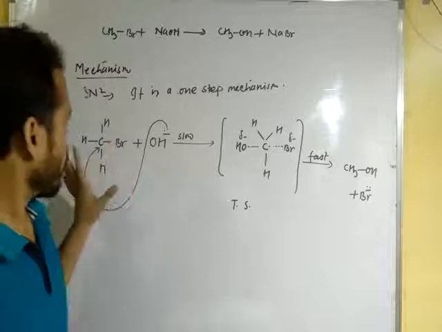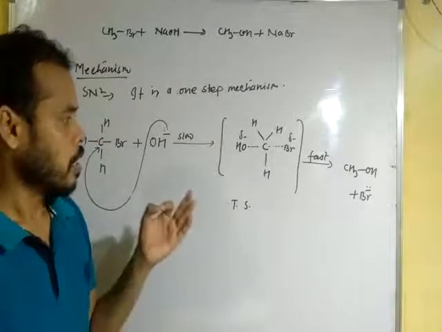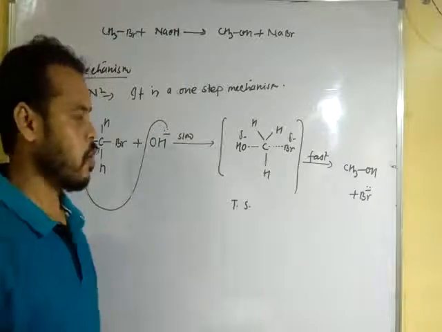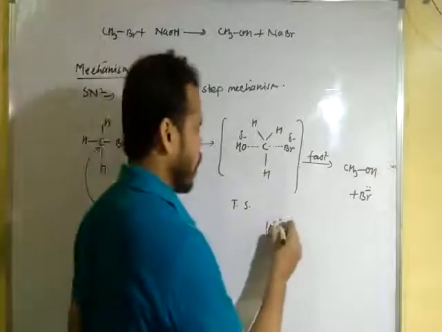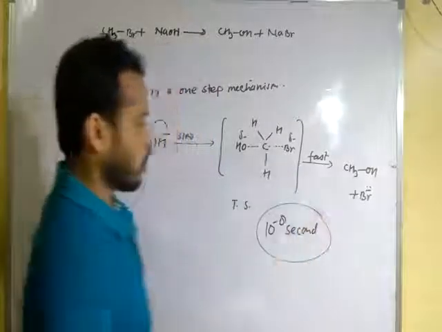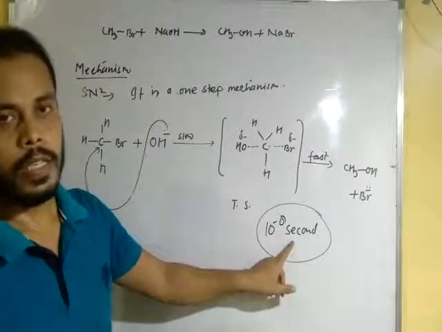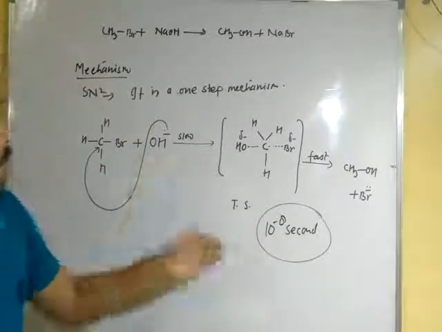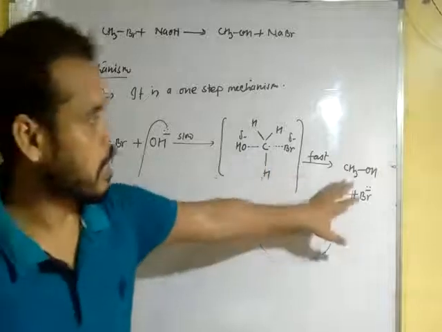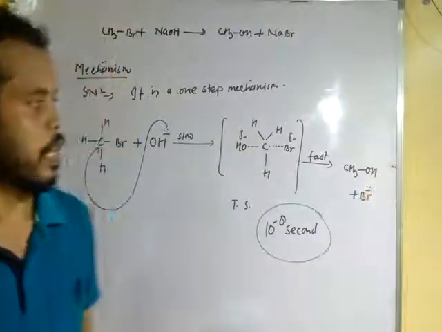It is one step and makes a transition state for only 10 to the power -8 second. At once the inversion takes place to form methyl alcohol and bromide is liberated.